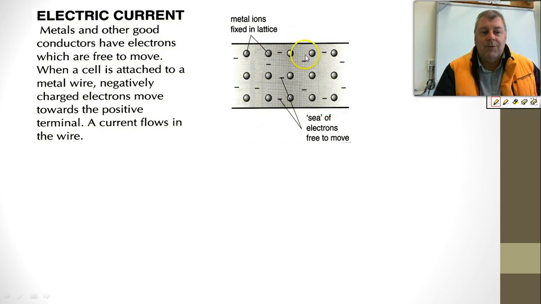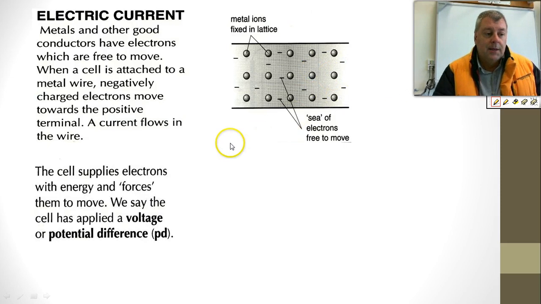Doesn't mean there are gaps of electrons where there's no more, because the electrons have to come from somewhere else to fill in those gaps. What the cell or the battery does is it gives the electrons energy, and therefore they move. It pushes them, and this push is what we call the voltage or the potential difference, PD.